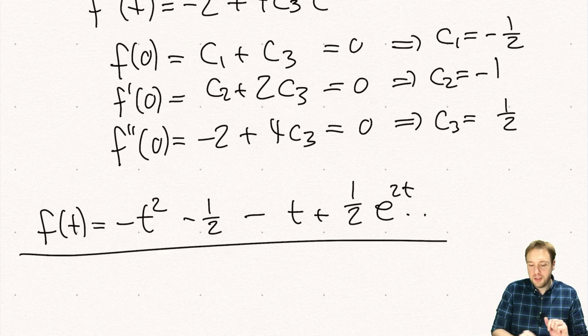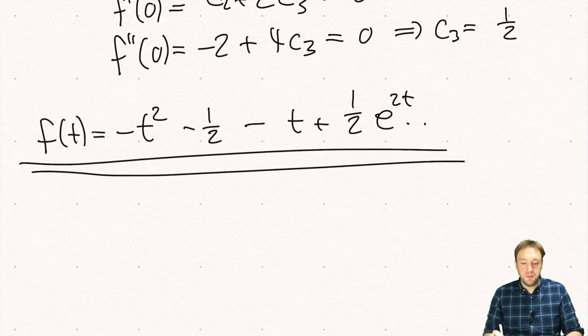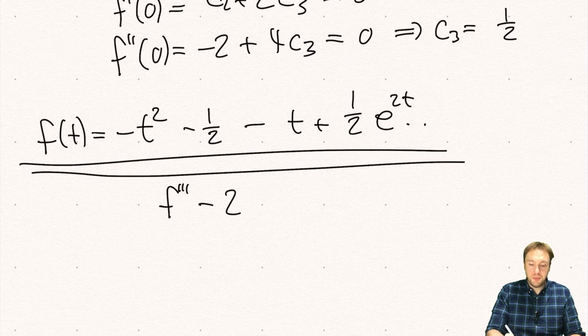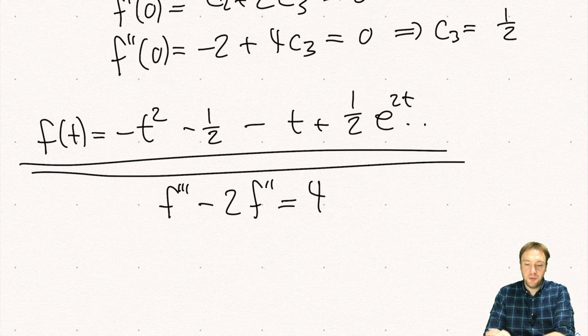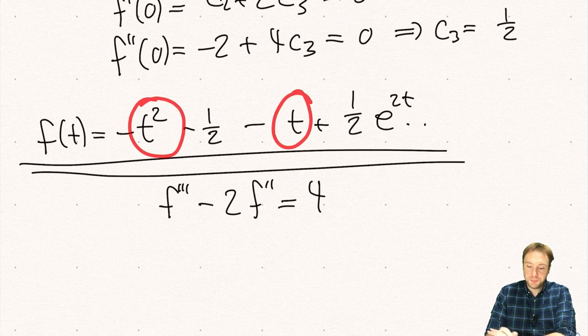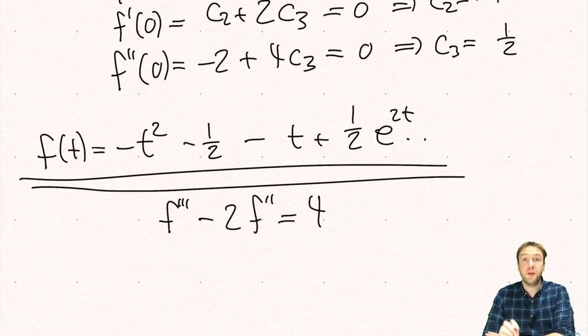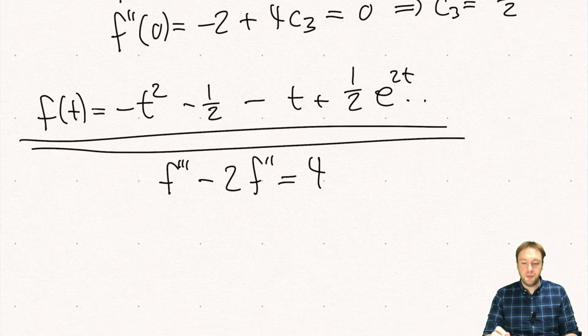And therefore this function satisfies the equation that the third derivative minus 2 times the second derivative is 4, and also that it is 0 at 0: if we plug in 0 here, we get minus 1/2 plus 1/2, which is 0, and the first derivative at 0 is also 0, and the second derivative at 0 is also 0.